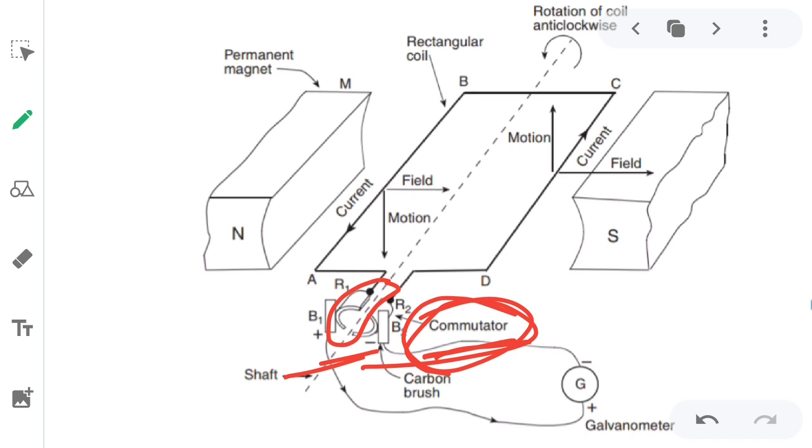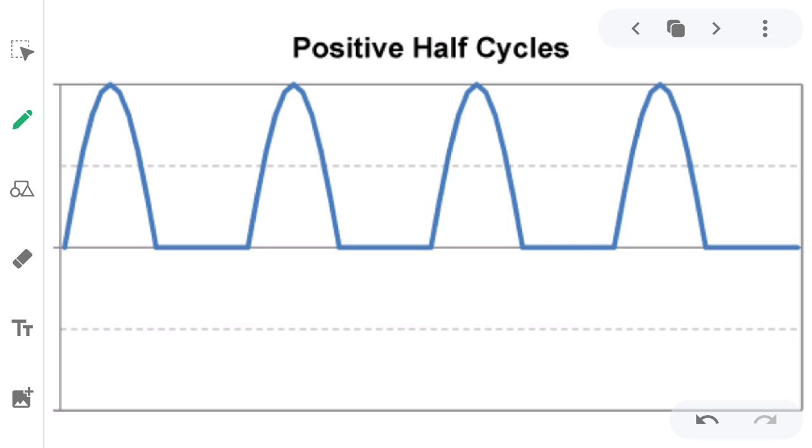But another point is that AC current is far more powerful than DC current. It has more strength than DC current, because you can see that DC current has only a positive half cycle, which means it has half of the strength which AC current had.